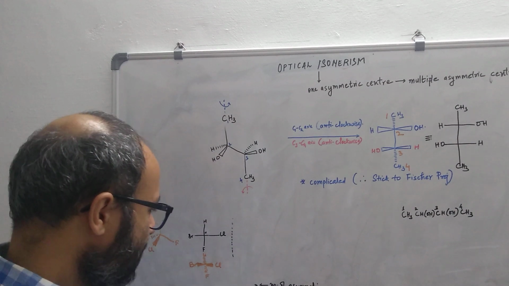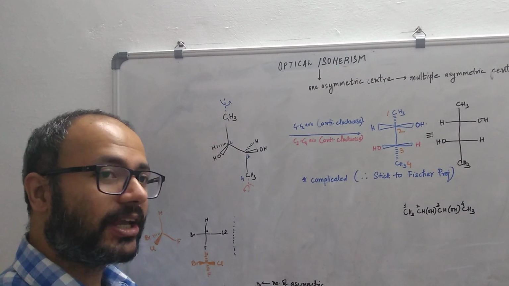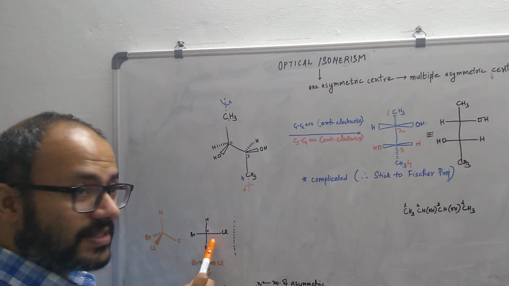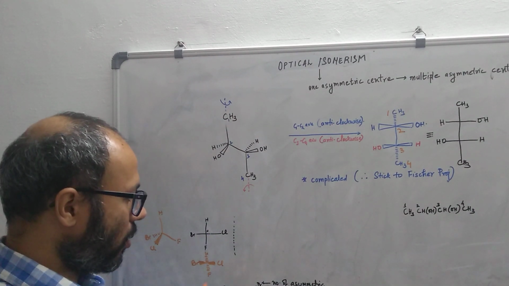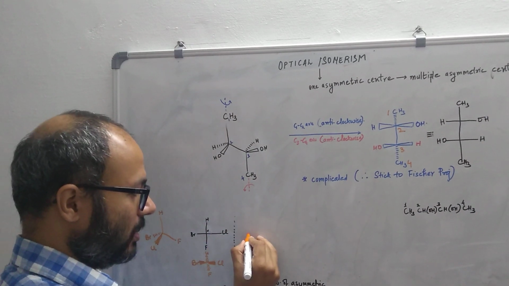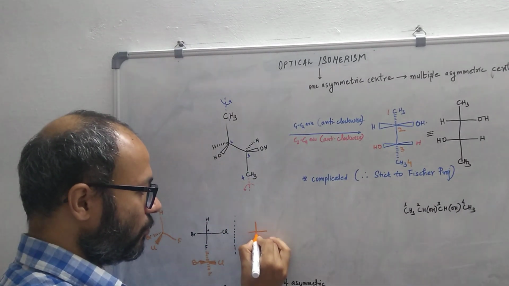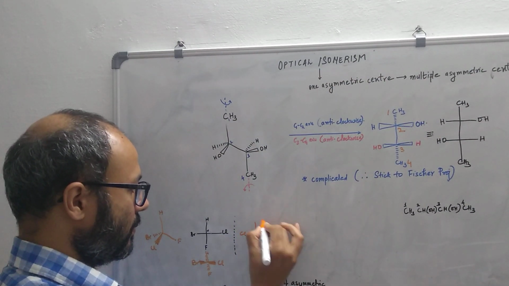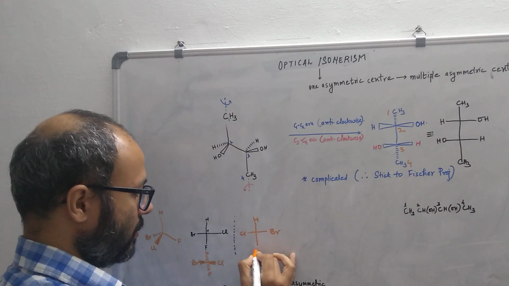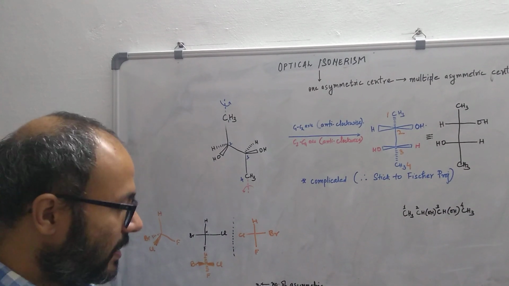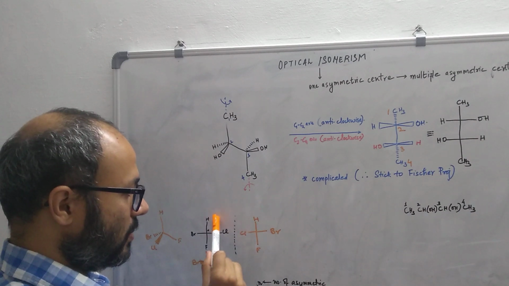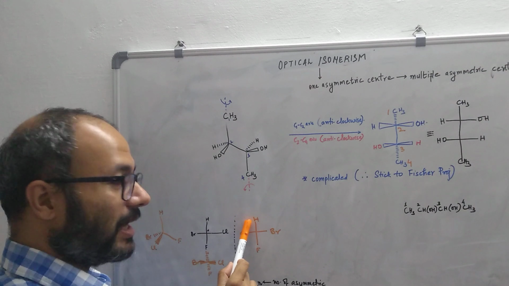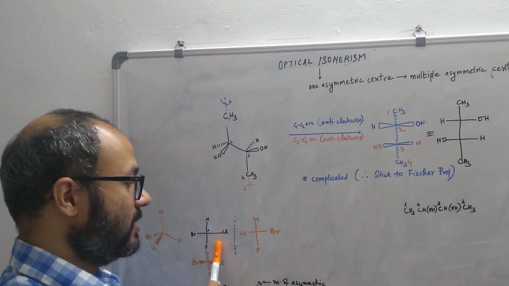Now let me tell you one important thing, and I would like you to practice that. We have seen that if I try to draw a mirror image of this particular Fisher formula, it would look something like this. Okay, so as we saw in the last class, since it's a chiral molecule, the mirror image won't be superimposable on the original structure.